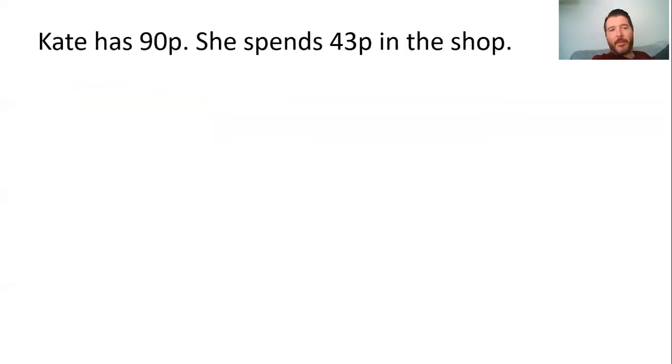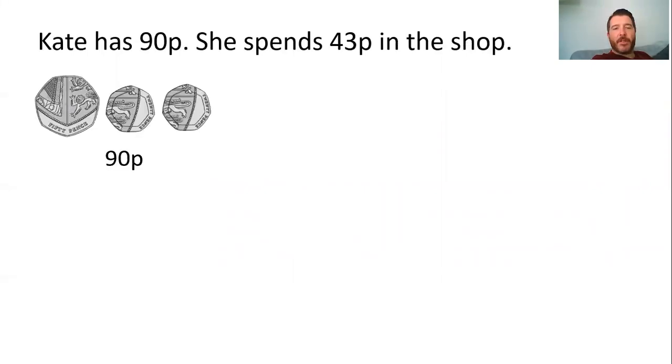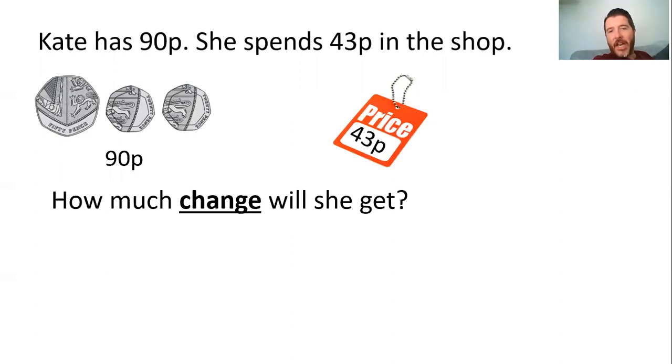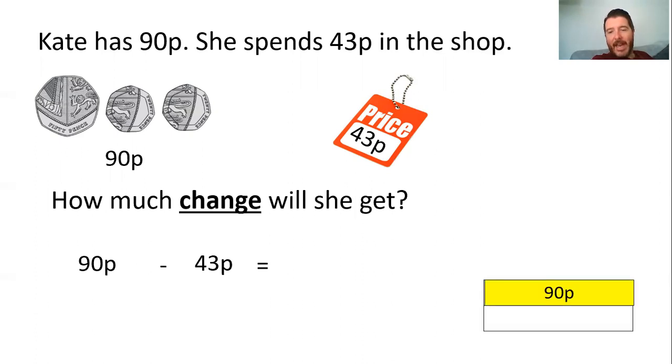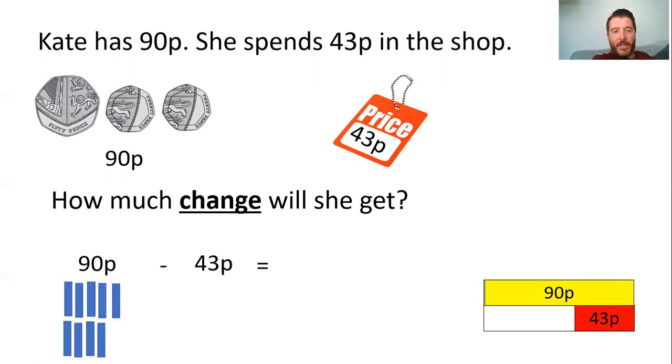That's our one-step problem. Kate has 90p. She spends 43p in the shop. How much change will she get? Okay, so this time we need to do 90p, take away 43p. Because we know change means take away, don't we? Again, we can use a bar model to help us. So we've got two parts, 90p and 43p.